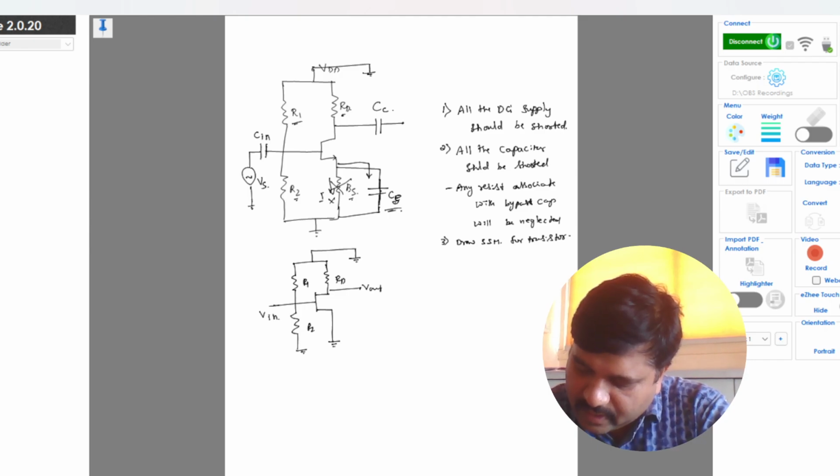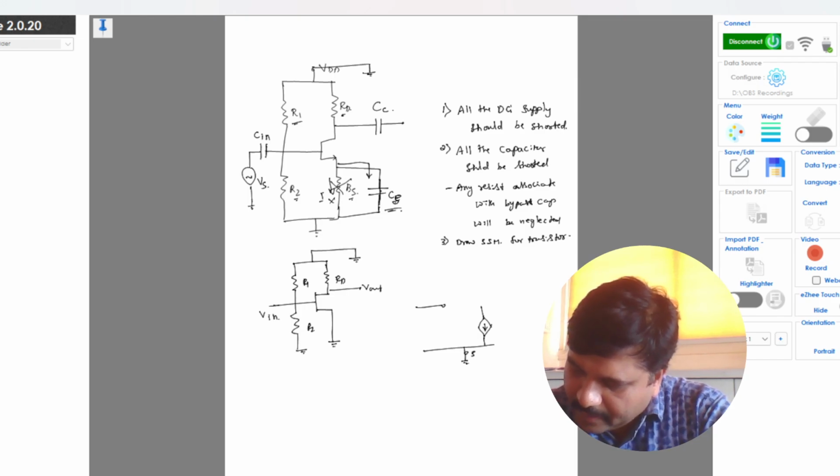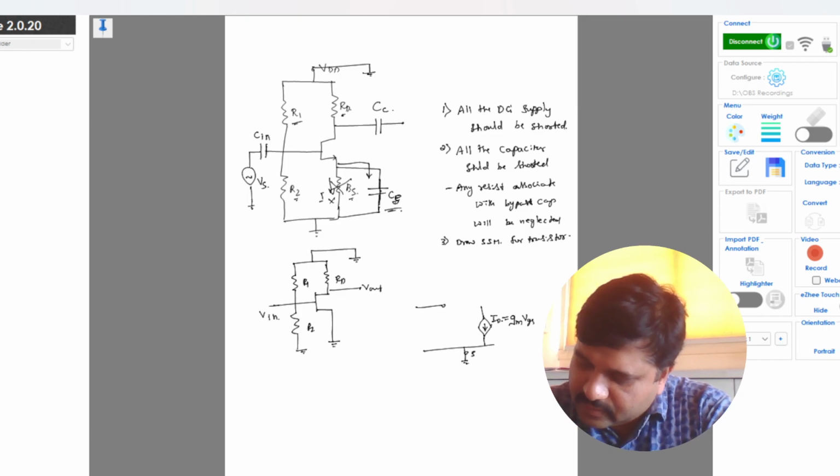Okay, so now for the transistor, common source, the source is connected to ground here, the output dependent current ID, which is equal to gm into VGS. This is our VGS.